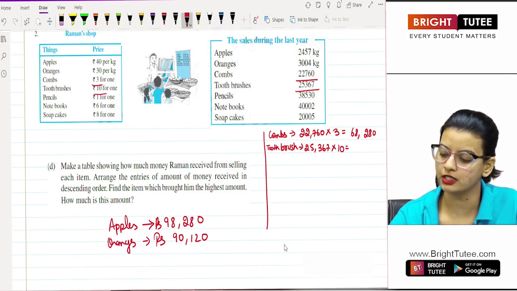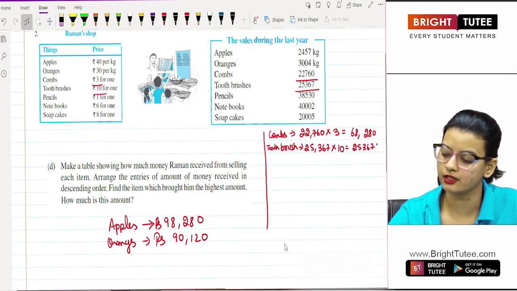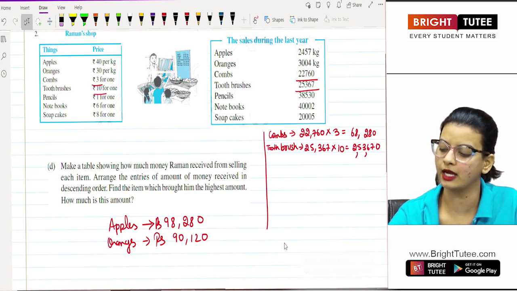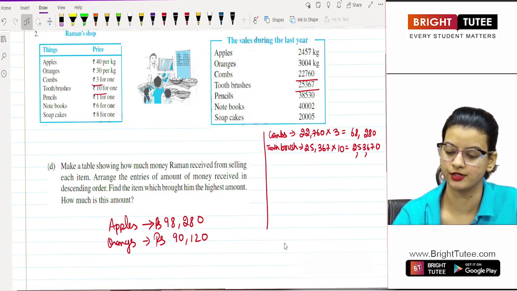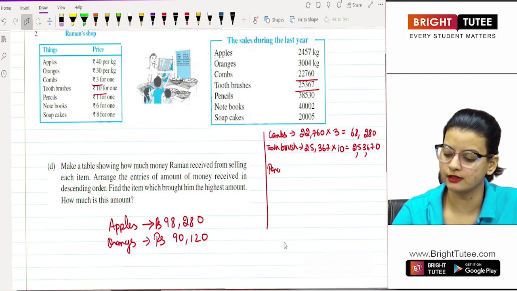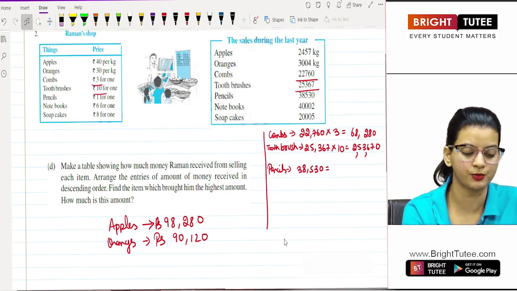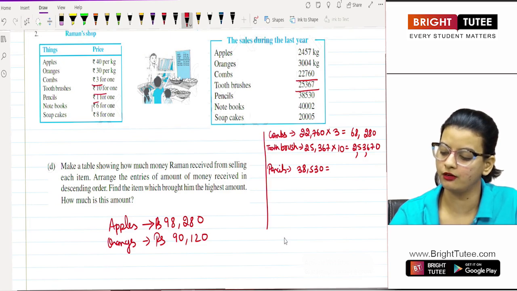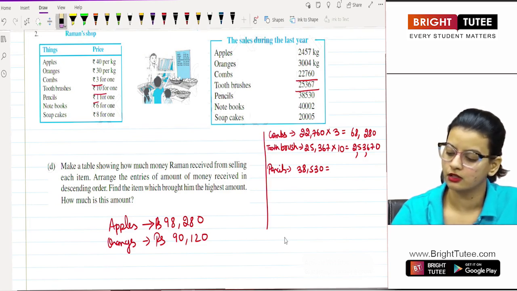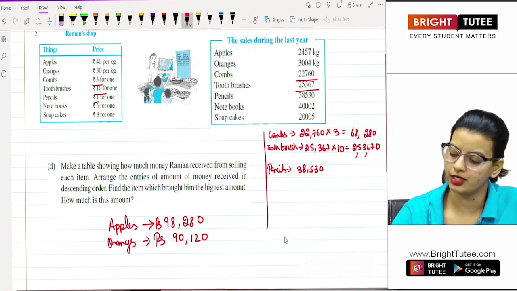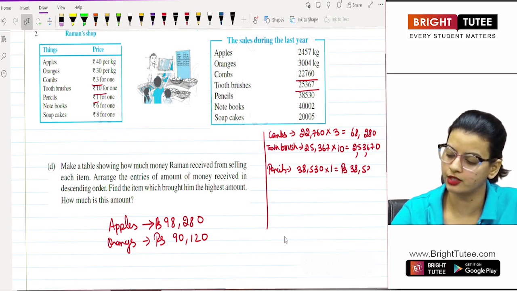So he made 2,53,670. Now we come to pencils. He sold 38,530 pencils, and one pencil was costing 1 rupee. So into 1, he got rupees 38,530.